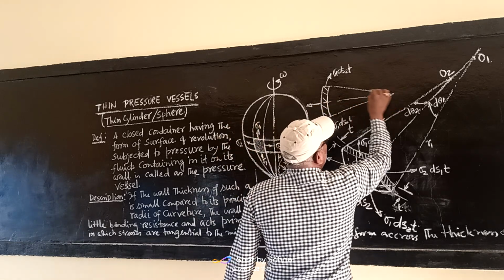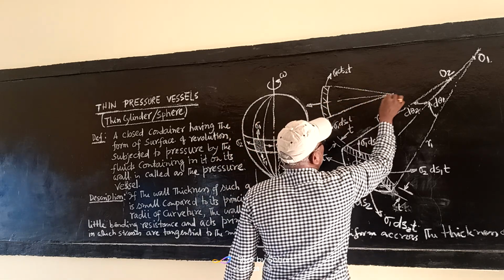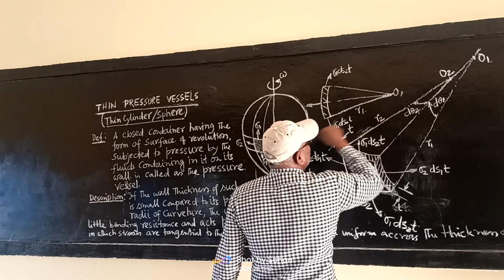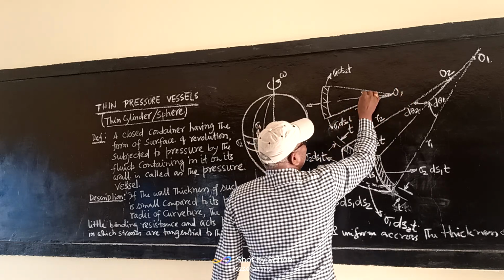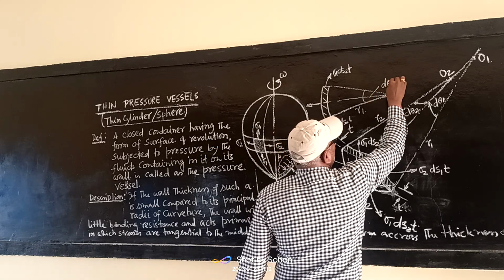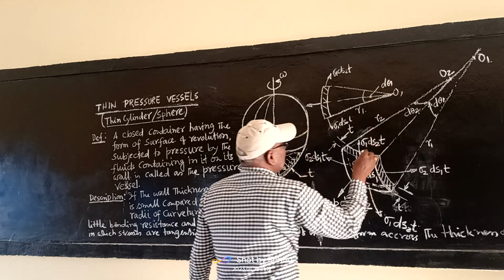So here the radius of curvature from this point is O1 and R1. Now this element subtends d theta 1 here.